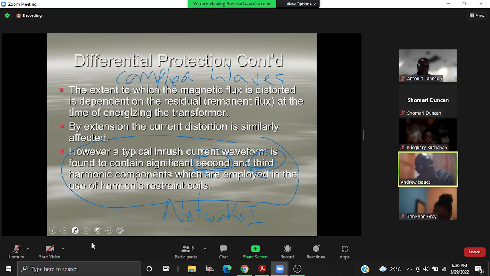However, that through fault would be managed by the overcurrent system on the transformer. So you're going to limit the magnitude of the current that can pass through your transformer. That's what we're saying. All right? So we have dealt with inrush.